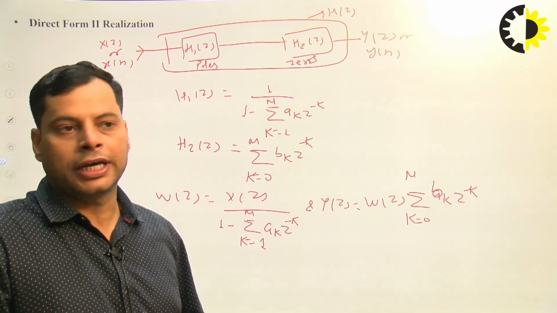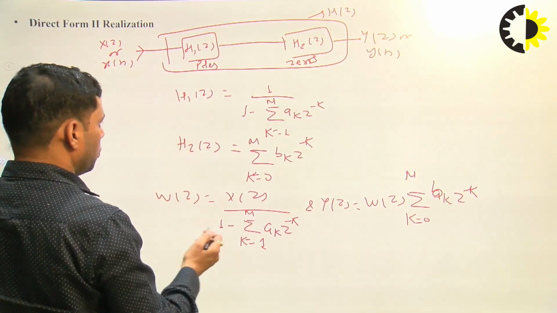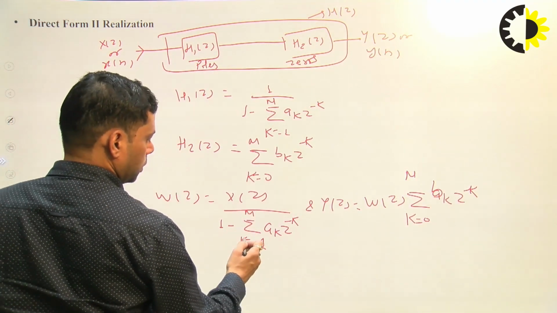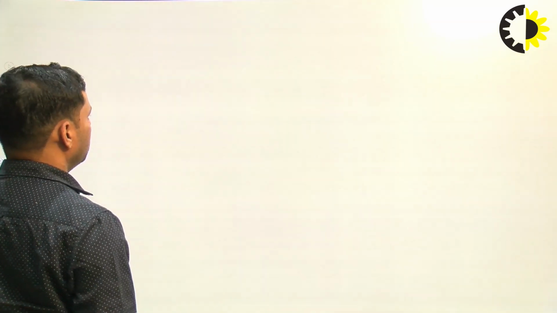In the direct form 2 realization, when we are designing, first of all we have to derive the poles. So, poles means 1 minus summation of k equals 1 to N a_k z raised to power minus k.